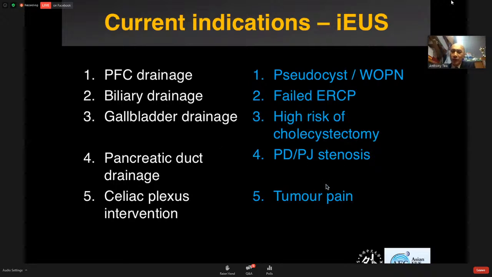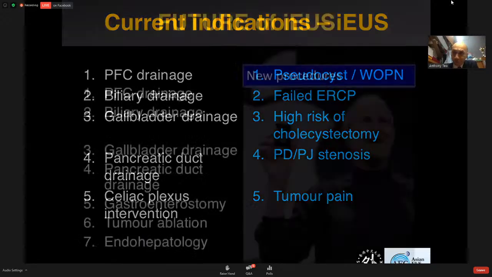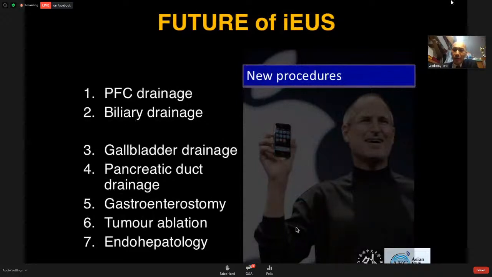Pancreatic duct drainage in patients with a PD or PJ stenosis. Celiac plexus intervention mainly for patients with intractable tumor pain secondary to celiac plexus infiltration by tumor. Of course, these procedures can be developed more in the future, and many new procedures can also be considered.